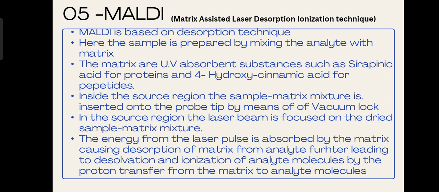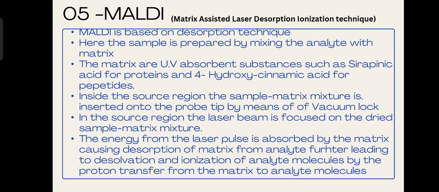Once it forms a gel, it is placed into the source region, wherein UV light of a specific wavelength at which the matrix will absorb the energy is introduced. So the energy from the laser pulse gets absorbed by the matrix, which will lead to the ablation of the matrix and the analyte molecules.